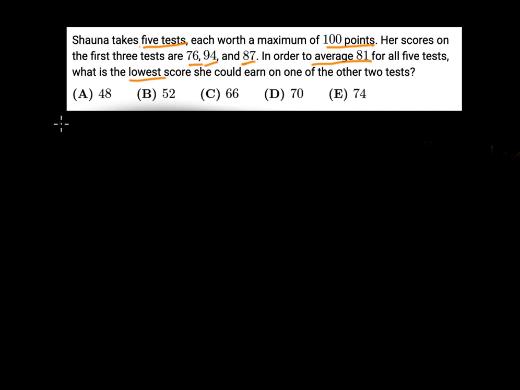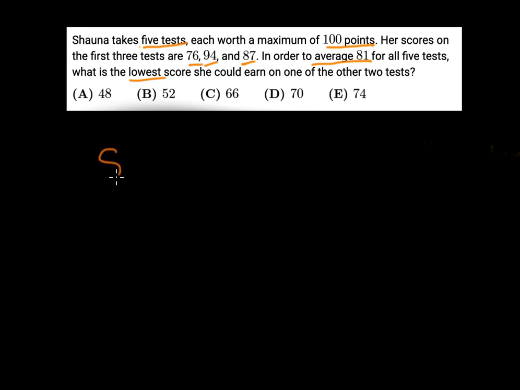So what I would do here is, the average of a set of numbers is the sum of the set of numbers divided by the number of numbers.